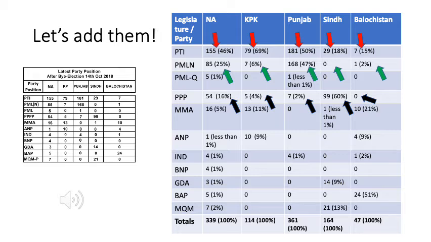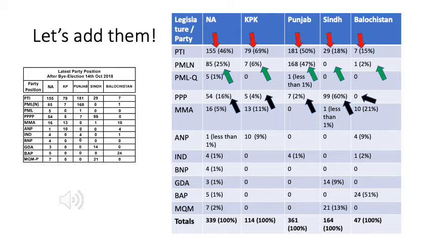So we can see that the location of the legislature does have an impact on the number of seats each party gets. There seems to be a correlation. Then, if we move to the Noon League, the difference is even bigger.